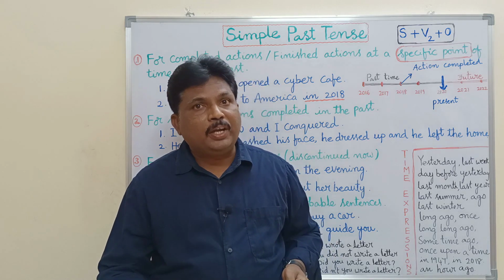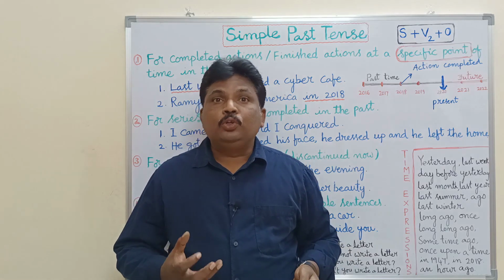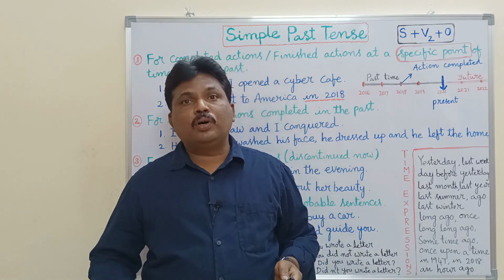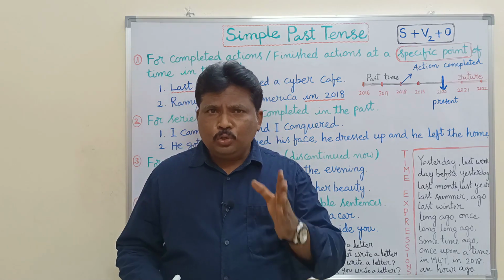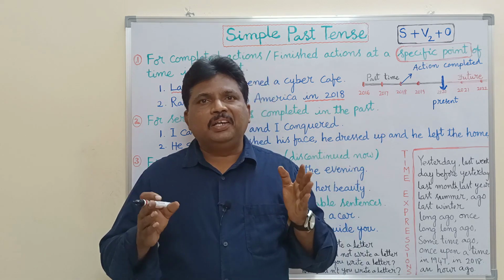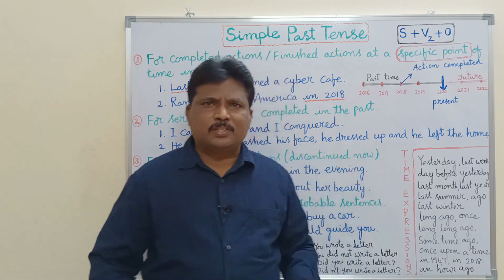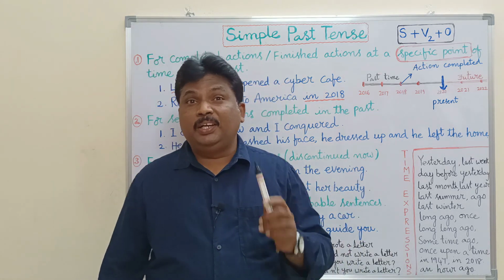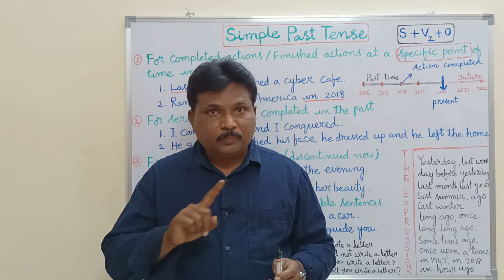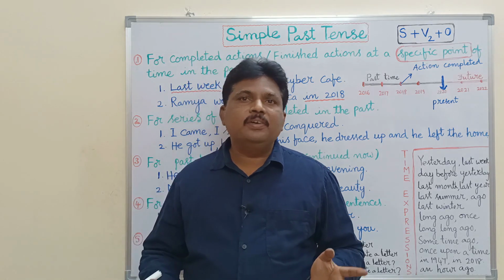Whenever we don't find helping verbs in the structure, then do forms are introduced. Do or does is used in simple present tense. Did is used in past tense. Irrespective of the subjects, for all persons, did is used to form negative, interrogative, and negative interrogative sentences.